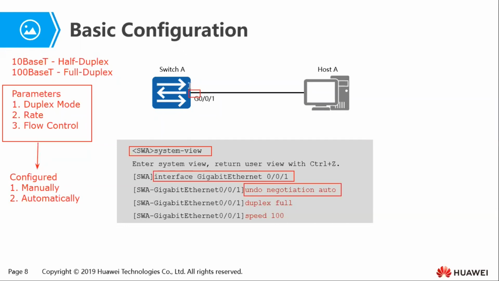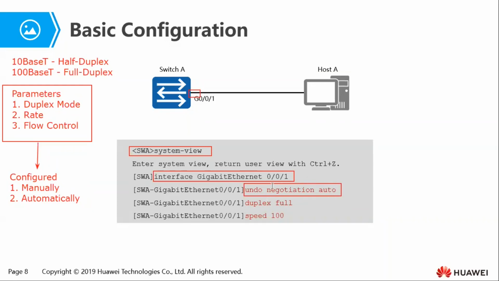Automatically is when the switch interface and host A interface negotiate these parameters and agree on the duplex mode, the rate, and the flow control. Now, when you want to disable automatic negotiation, you use the command undo negotiation auto.